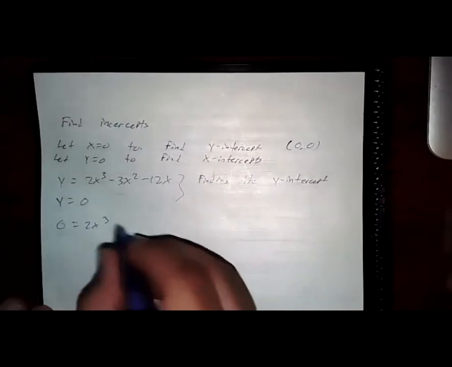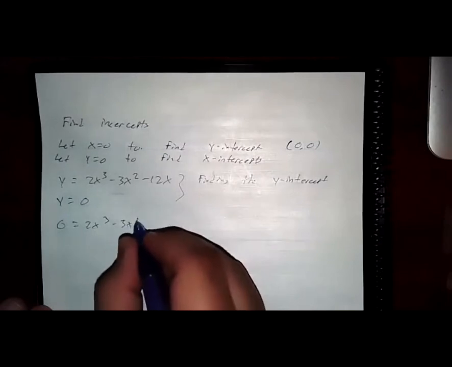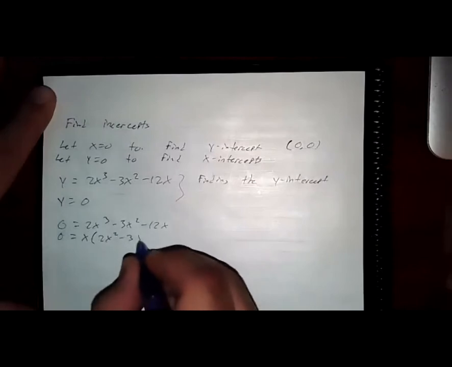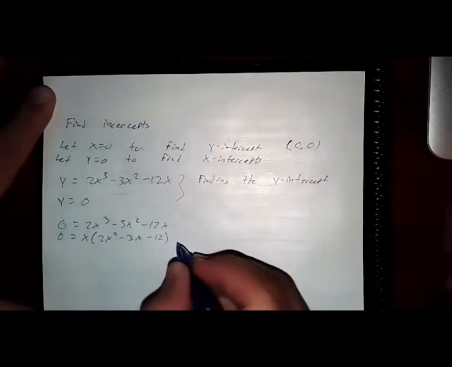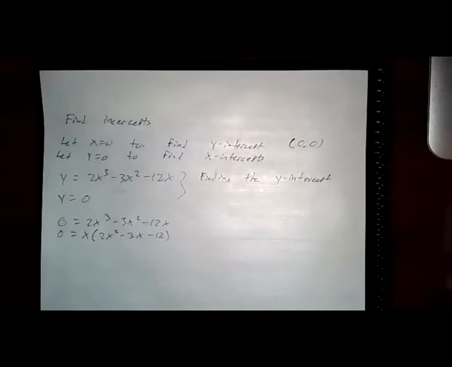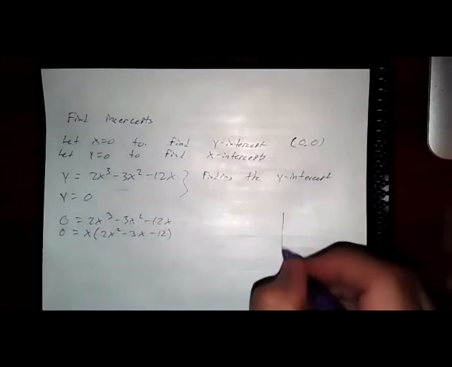Now let it equal 0 and find out if there are any other solutions. They all have an x, so factor that out. We get 2x squared minus 3x minus 12. Does this factor nicely? I think it might.